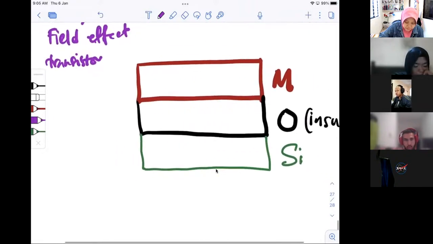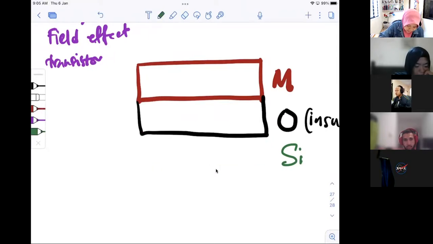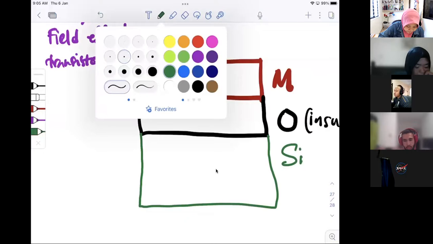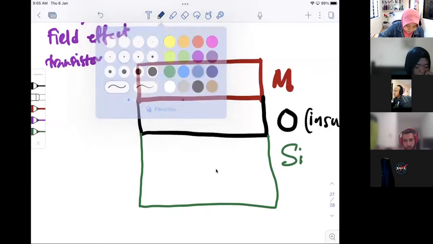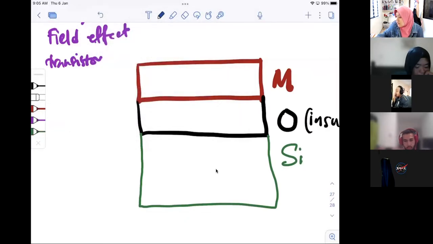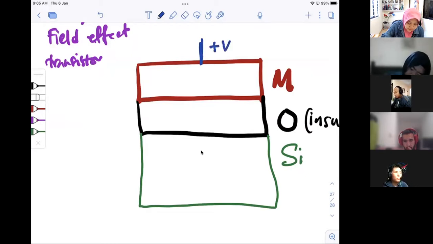Now, let's say I draw the silicon bigger so that it's easier to see. Let's say I apply a voltage at the metal side. I apply a positive voltage.